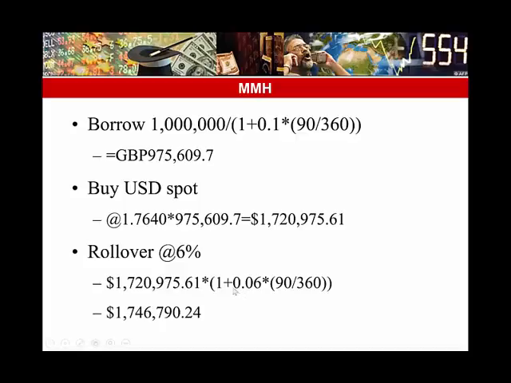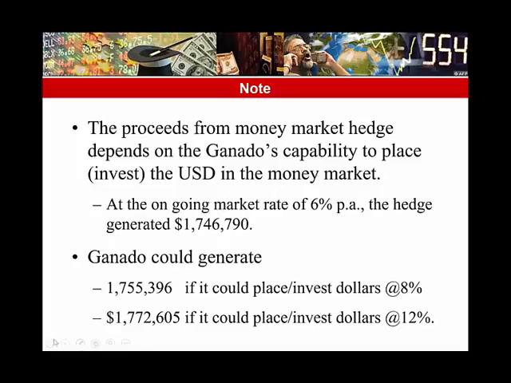I just want to urge you to be careful when you make these adjustments. You are only dividing the 6% by 4, or you're only multiplying 6% with 90 over 360. The 1 is not multiplied by 90 over 360. I've seen those mistakes made. So essentially, we are making an interest rate adjustment. We are converting the annual interest rate of 6% to a quarterly interest rate of 1.5%.